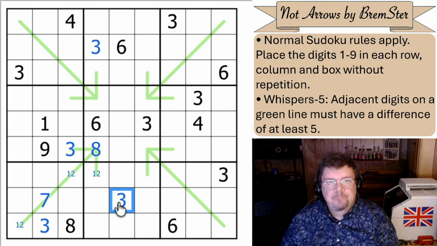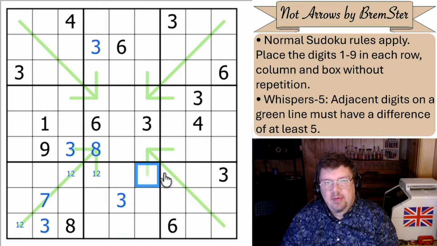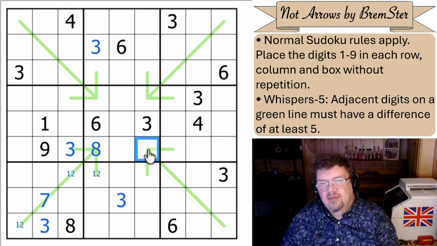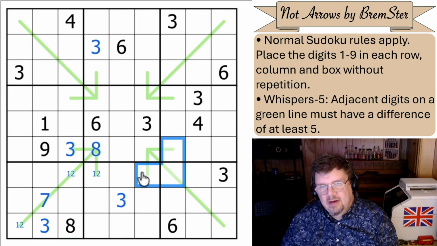Okay. Next question. Can this digit be a high digit? If this were high, both of these would be low, and then I would have 5 low digits in this row. So that cannot be a high digit, it must be a low digit. So that's 1, 2, and 4. But it can't be 4, because if that were 4, all 3 of these would be 9, and I would have 2 9s in a row and a column.